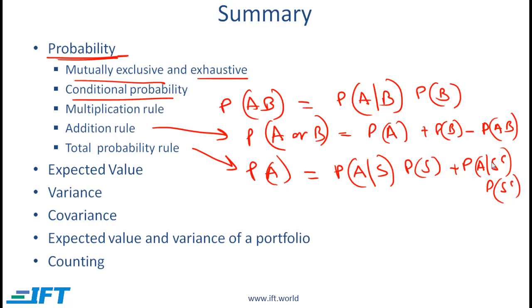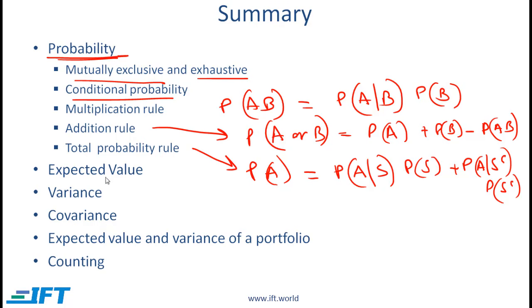Not that scenario is often denoted as S complement. This is a simplified two-scenario version of the total probability rule. This particular rule can be expanded into multiple scenarios as long as all the scenarios are mutually exclusive and exhaustive.